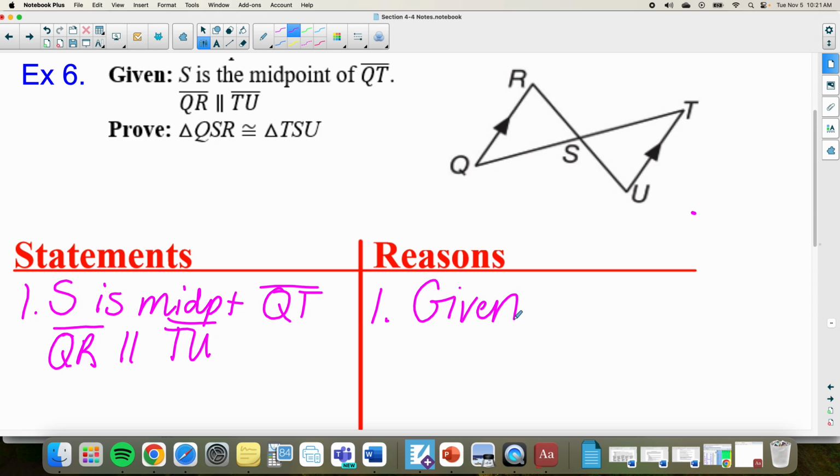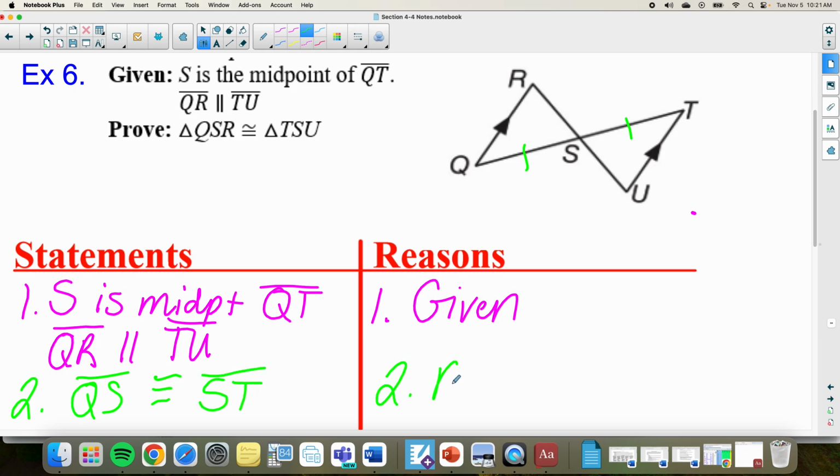If we see we have a midpoint, that tells us we're going to use what? Midpoint theorem. Okay, so let's do that. It says S is the midpoint of QT. That means QS is congruent to ST. So QS is congruent to ST. All right, and that is midpoint theorem.